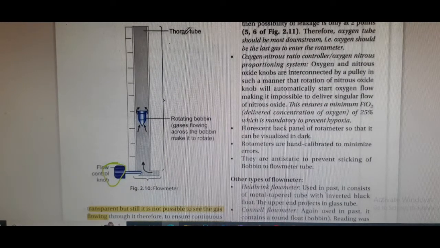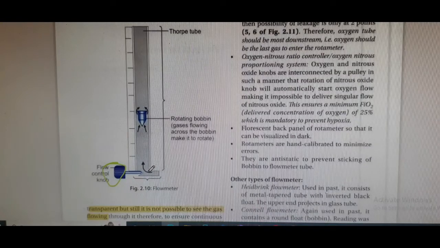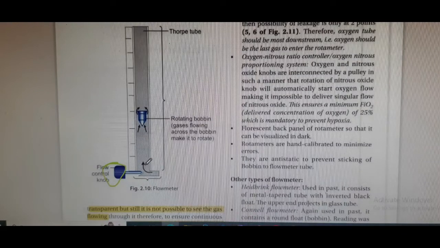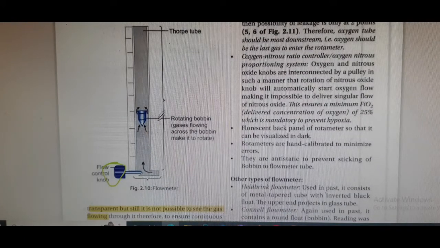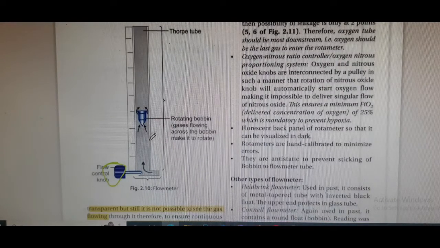This is a Thorpe's tube wherein the gas flows from the cylinder, passing through the first stage reducing valve and the second stage pressure reducing valve, and then moves into the flow meters. When the gas moves in, it encounters a bobbin which is made of aluminum, and if the flow control knob is rotated anti-clockwise or clockwise, the bobbin starts to rotate and move up and down, showing the rate of flow of gas.